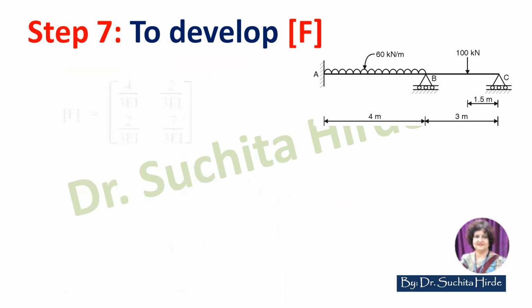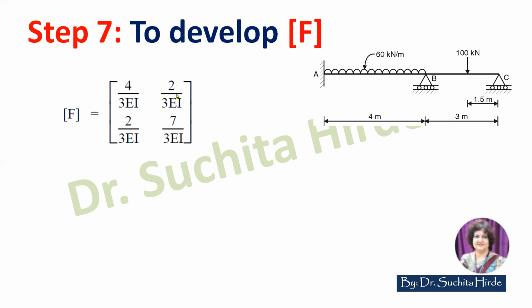If you write this in matrix form, it will look like this. Now after developing the flexibility matrix, what do you have to remember? You have to remember that the elements of the flexibility matrix on the diagonal must all be positive values. Off the diagonal, there can be negative values, but on the diagonal, there must be positive values.